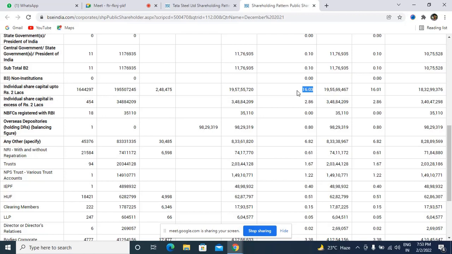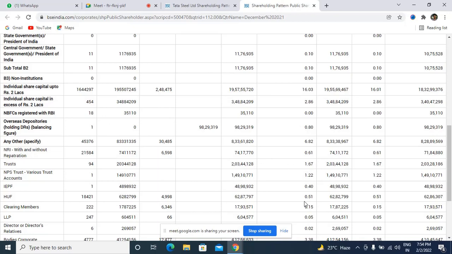This is the reason. When 16.03% of a company's shares are held by people like you and me who don't have much information about the company, volatility is quite evident, isn't it? All of you. Yes, sir. So take a look at the rest, these are the small shareholders.